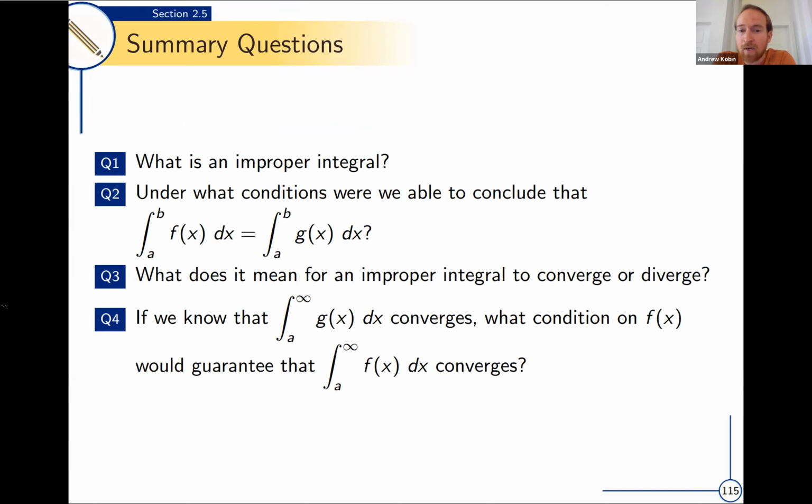Third, what does it mean for an improper integral that you talked about in question 1 to converge or diverge? And finally, related to the last couple slides, if we know that some integral of a function g of x dx from a to infinity converges, what would we need to know about f of x to guarantee that its improper integral from a to infinity also converges?